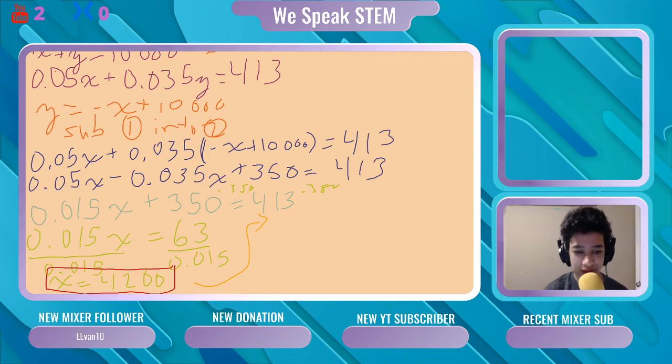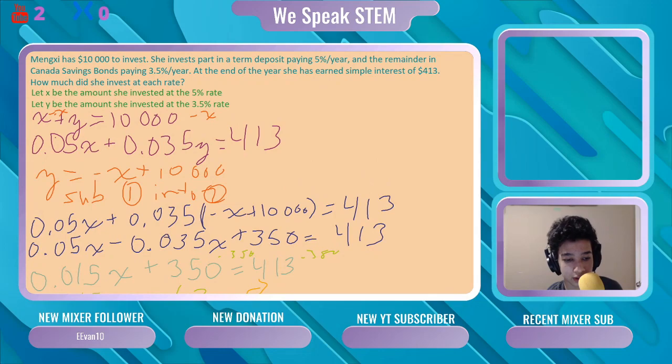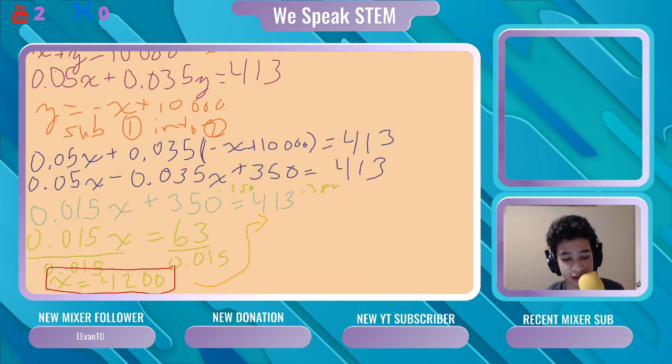Okay, so the question, what were the original equations? Okay, so that means x, 4,200 plus y equals 10,000. So we want to subtract 4,200 from each side.